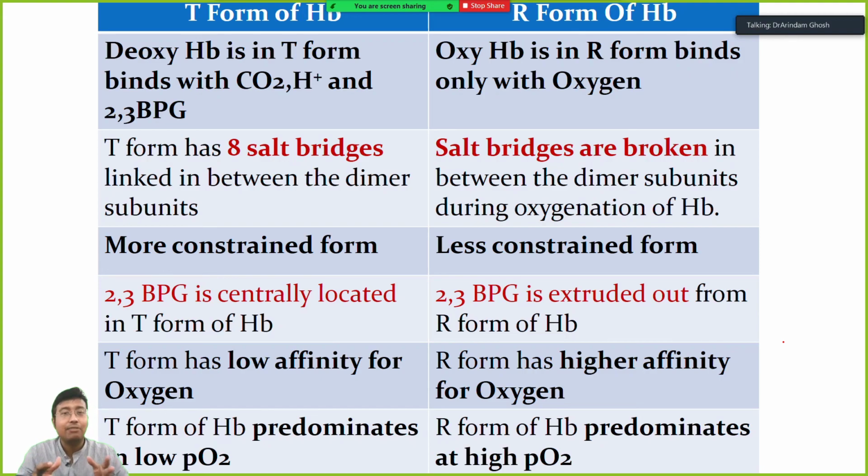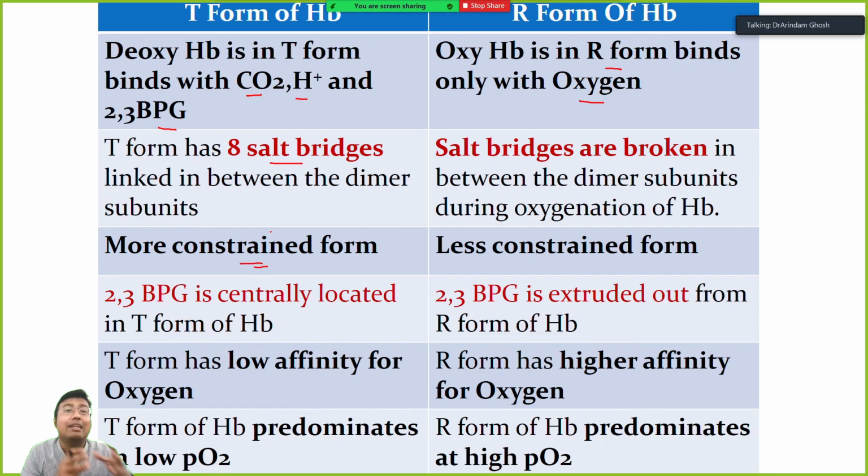Right, one thing is missing, the 15 degree rotation, because I told you that. So see, deoxyhemoglobin is in taut form, it binds with carbon dioxide, H plus and 2,3-BPG. Okay, oxyhemoglobin is in R form, it binds with only oxygen. Fine. T form has got 8 salt bridges basically between the dimers, and it is much more constrained.